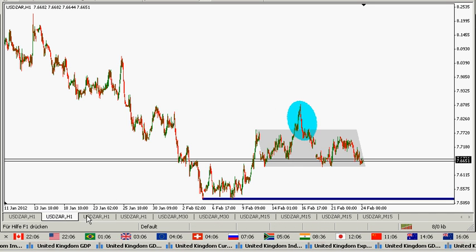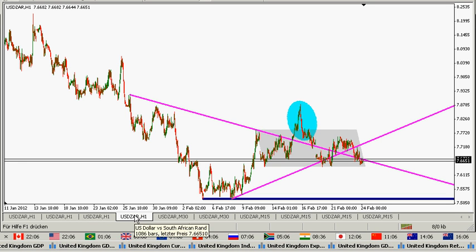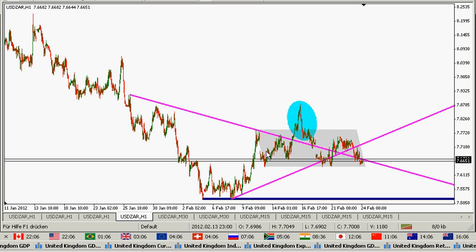So remember these two scenarios, and I put them together, so we've got this formation, this main picture on the 1 hourly chart.